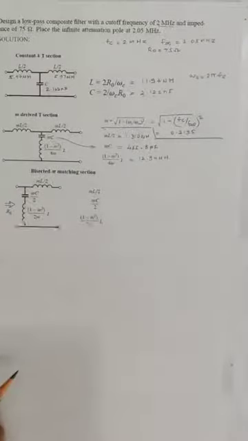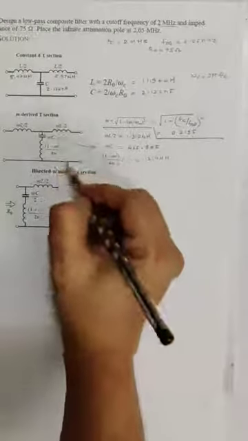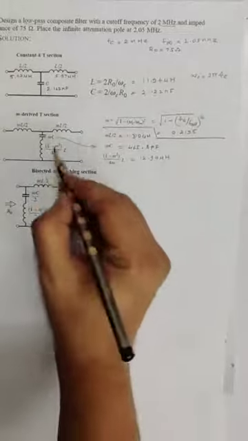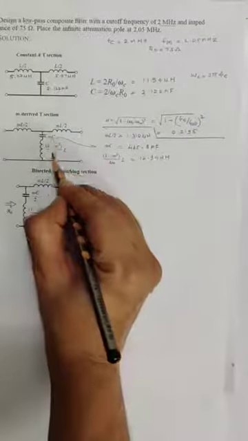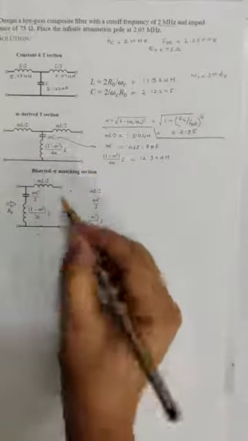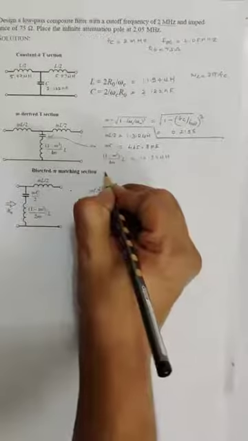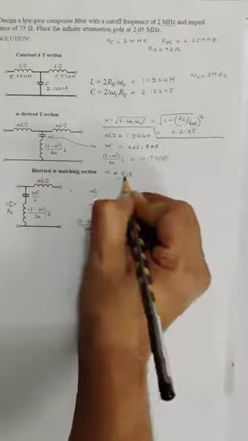Now the last part of the composite filter, that is the bisected pi matching network. As I mentioned in the last lecture, one has to copy this section as it is over here, and this 4 you have to split over here. So this 4 will go as divided by 2, and here it will be 2. But for the bisected pi matching network, m has to be 0.6.